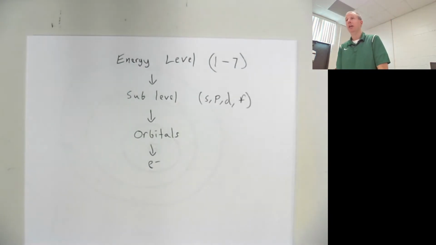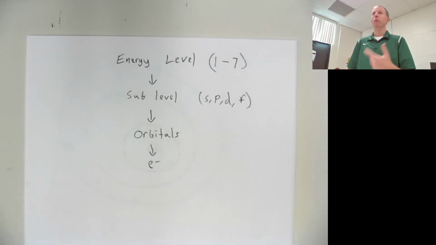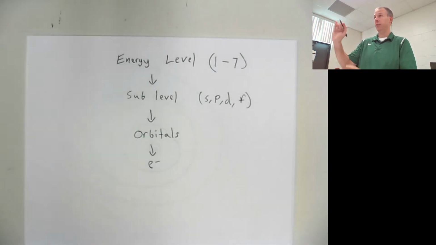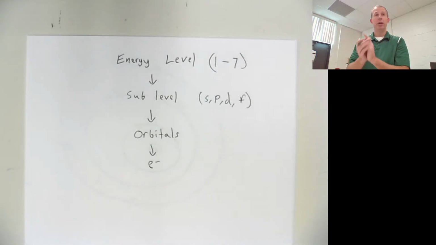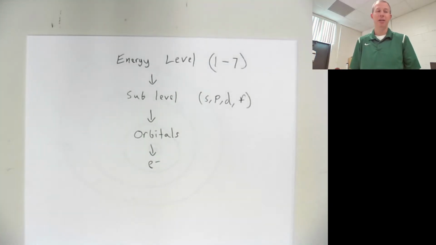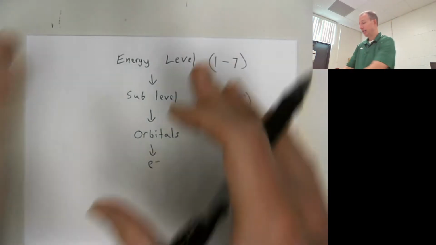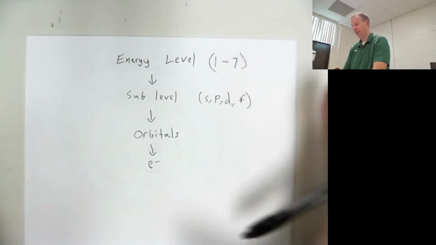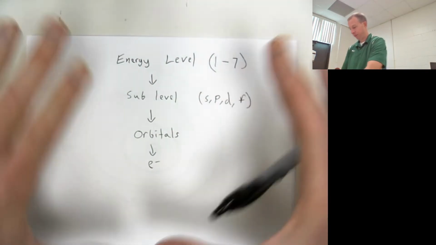Aren't you fancy? And then what room are they in? The first bedroom, the second bedroom, the third bedroom? And you can even be more specific. Maybe you share a room with a brother or sister and you have bunk beds, so which bed are you potentially even in? We want to be as specific as we can when identifying where electrons probably are, and this is kind of that level. There's more than this, but this is the basics.